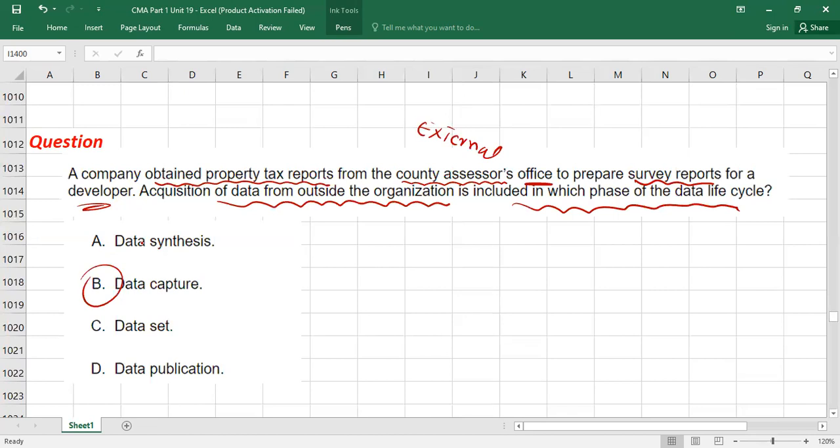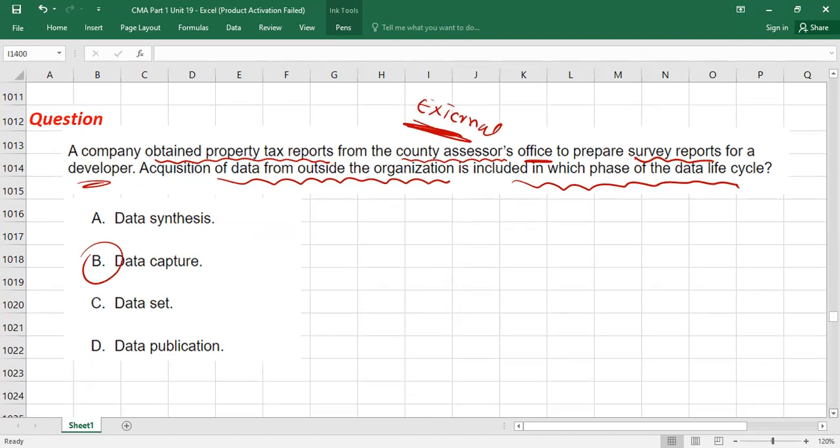In data capture, there are 3 ways to capture the data, right or wrong? Do you remember, guys? You have data entry, signal reception, and utilizing data. This is utilizing data because you're taking it from outside the entity. So that is under the data capture stage.